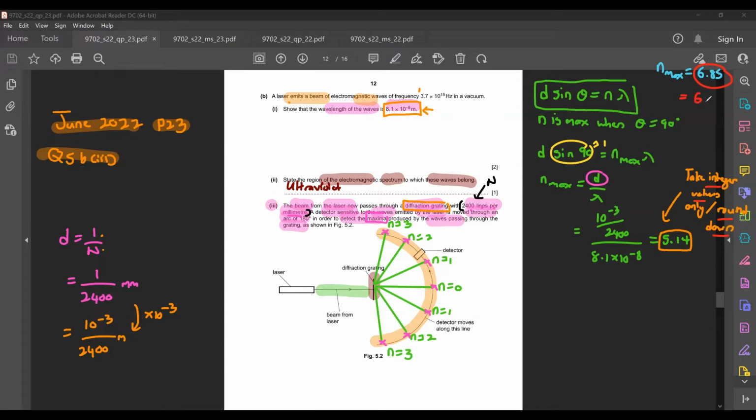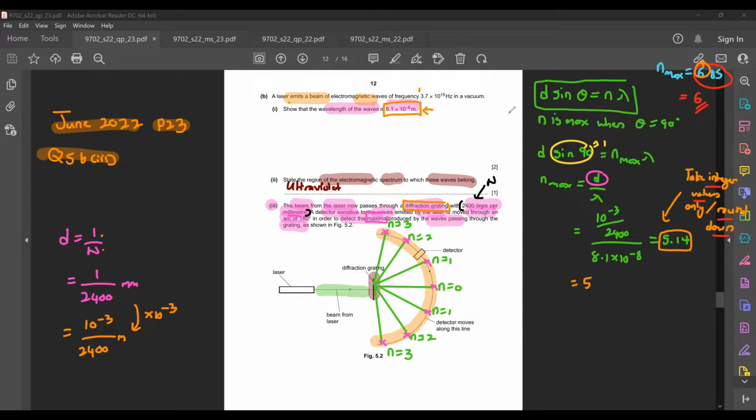So this one should be 6 only. Or looking at another way, just take the integer value. So back to this question, your N max is 5.14. You're supposed to take the integer value only, so it should be 5. This is the maximum order number.